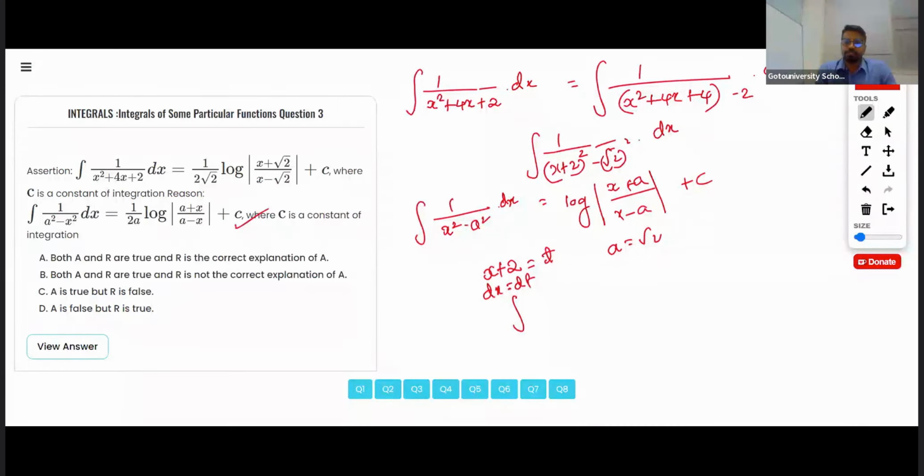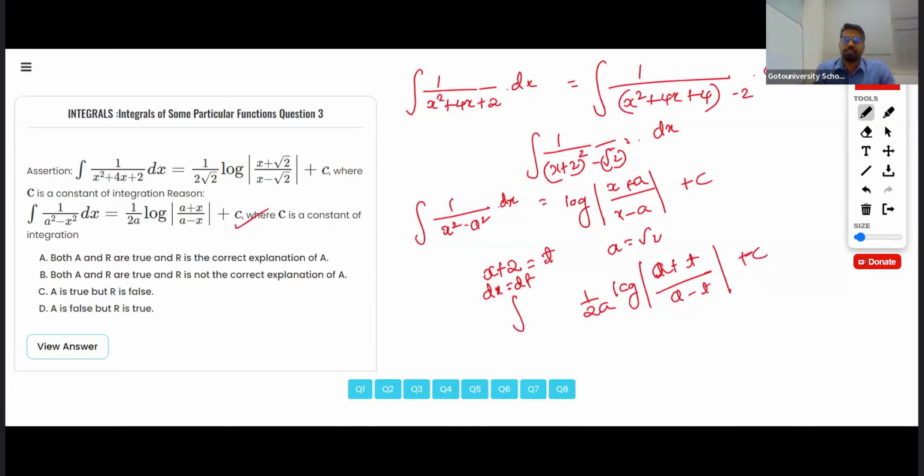So our problem changes to what? 1 by 2a logarithm of t plus a, or we can rewrite as, if they want to maintain the right order, a plus t divided by a minus t, plus c.